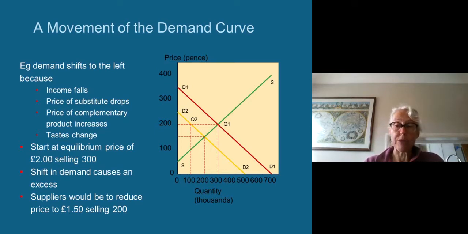So what happens initially is more is supplied than is demanded, because people don't want to pay quite so much for it. So suddenly what you see happening here is that quantity 1 goes to quantity 2, and much less is demanded at that price. It goes down to only 100 tickets sold. Okay, and so essentially then the supplier starts reevaluating what's going on, and would reduce its price to £1.50, and again you reach an equilibrium.